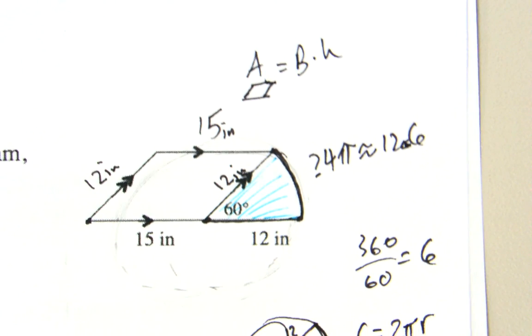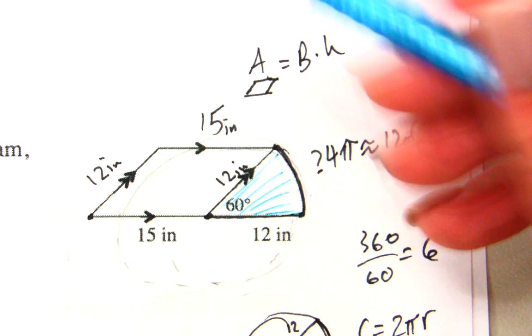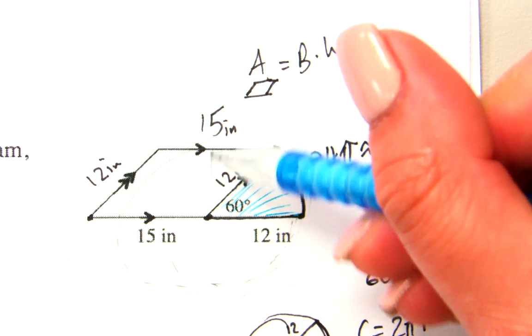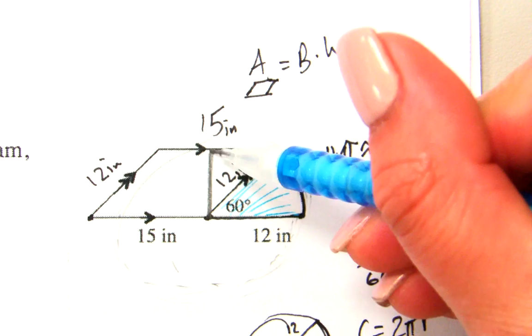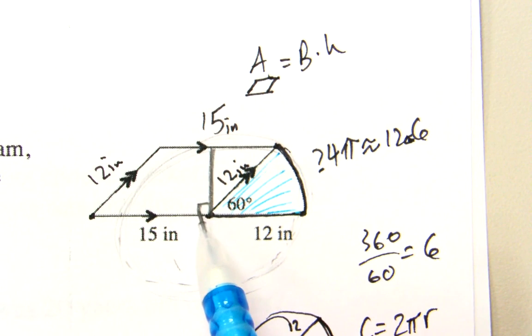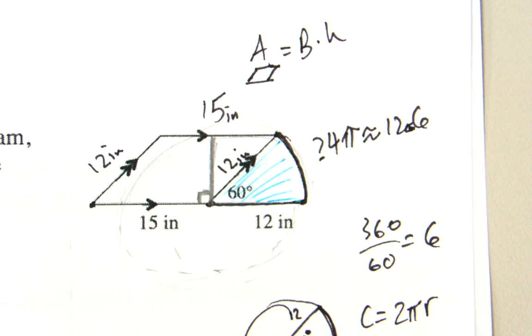So here's what I'm going to zoom in on, because we're going to work primarily with knowing the fact that this is 12 right here. We need to find the height, and the height is going to be a perpendicular from like that.